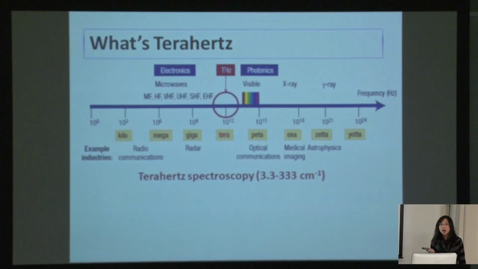What is terahertz? Terahertz is a wave that lies between microwaves and optical light. This area contains a lot of information about intermolecular vibration, such as hydrogen bond and van der Waals.